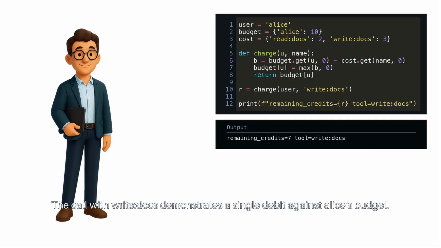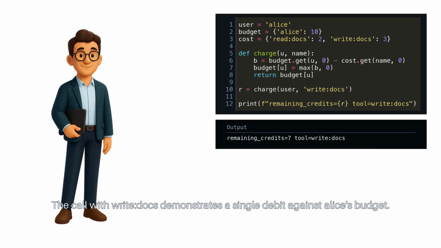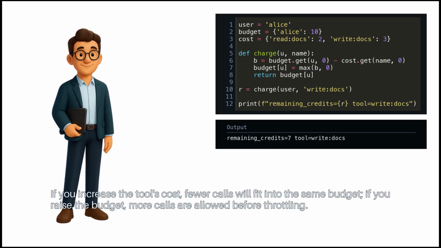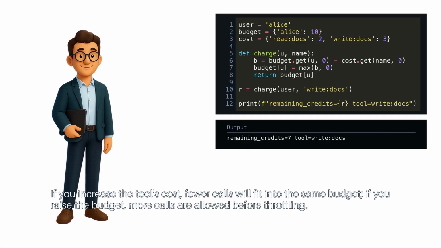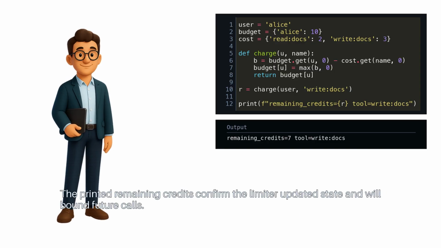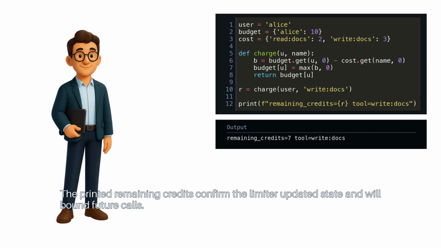The call with write_docs demonstrates a single debit against Alice's budget. If you increase the tool's cost, fewer calls will fit into the same budget. If you raise the budget, more calls are allowed before throttling. The printed remaining credits confirm the limiter updated state and will bound future calls.